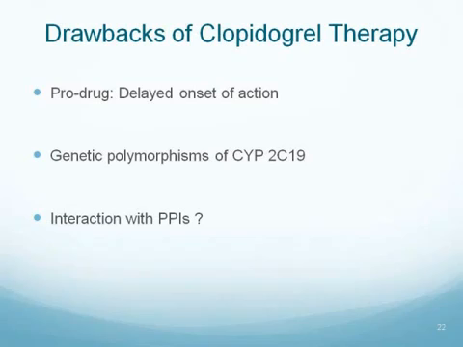There's also been a lot of literature about a drug interaction affecting this particular pathway with proton pump inhibitors. And because it's highly controversial, I'd like to review some of that data with you.